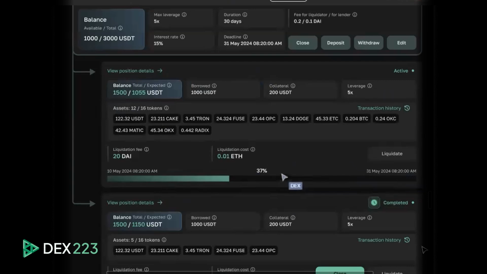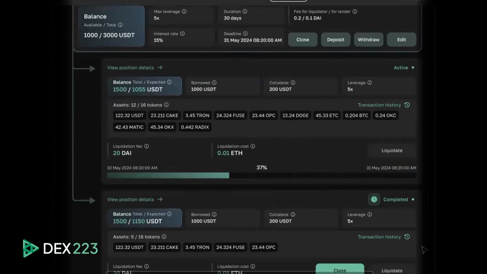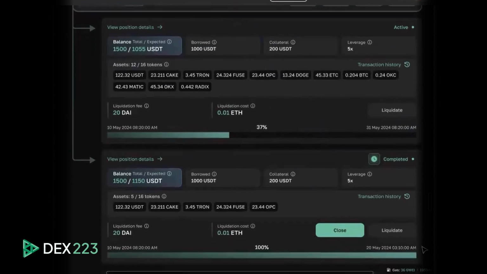And during this time, the lender can do anything with the position if it cannot be liquidated, and the borrower can do whatever he wants with the funds, but he cannot withdraw them from the smart contract. He can make trades, he cannot exceed this allowed assets amount, and he cannot buy any tokens which are not allowed by the lender in this order.